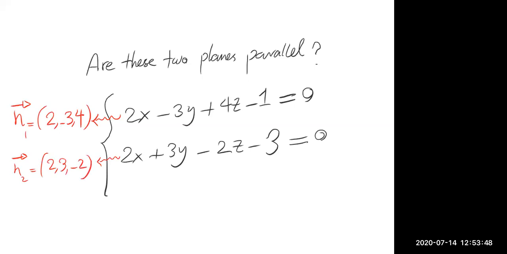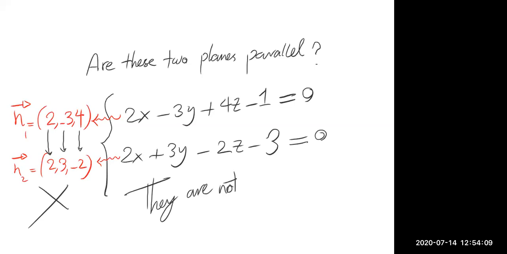Is one of them a multiple of the other one? No, because if 2 goes to 2, it seems it should be multiplied by 1, but then 3 goes to minus 3 and 4 goes to 2. So it's not like one of them is a multiple of the other one. Therefore, they are not parallel, simply because one of these vectors is not a multiple of the other vector.